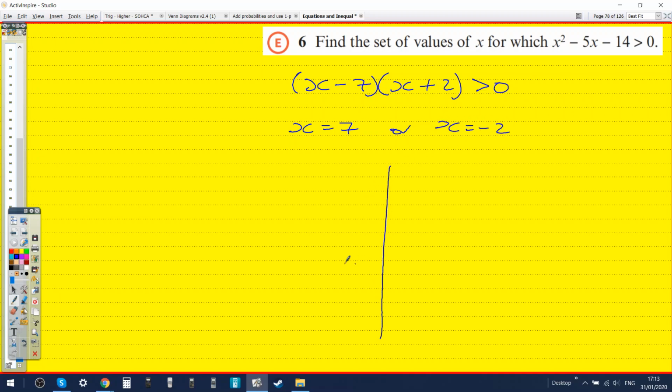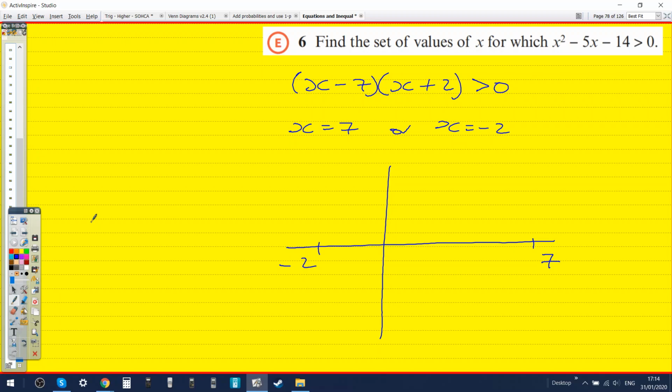So then with the graph, plot 7 and -2. The u, okay, so it's more than 0, so is it a U shape instead of an N?